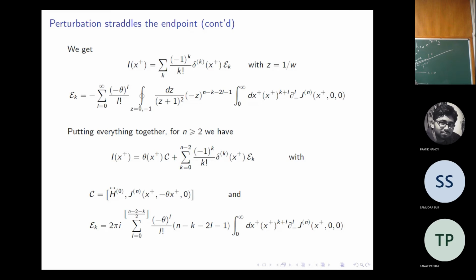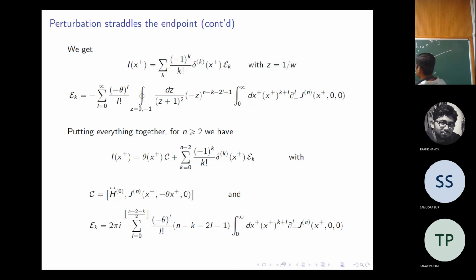We are looking at the x plus going to 0 case, but remember, our perturbation is like this, and we are slowly zooming in to the x plus going to 0 case. So there is some piece which is here, some piece which is here, and some piece which is here, and it is like some minus alpha to beta, and we want to take alpha beta to 0. So you will see that this piece will give you 0 contribution for delta HA, this piece will give a commutator contribution, and this piece will give you the endpoint contribution.